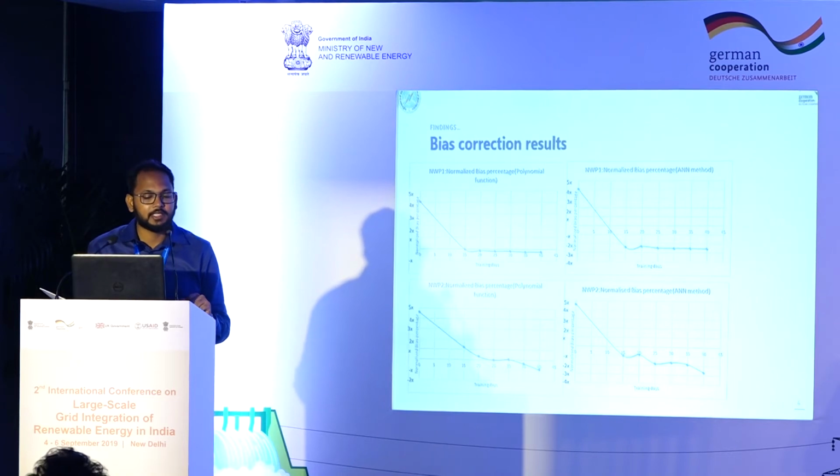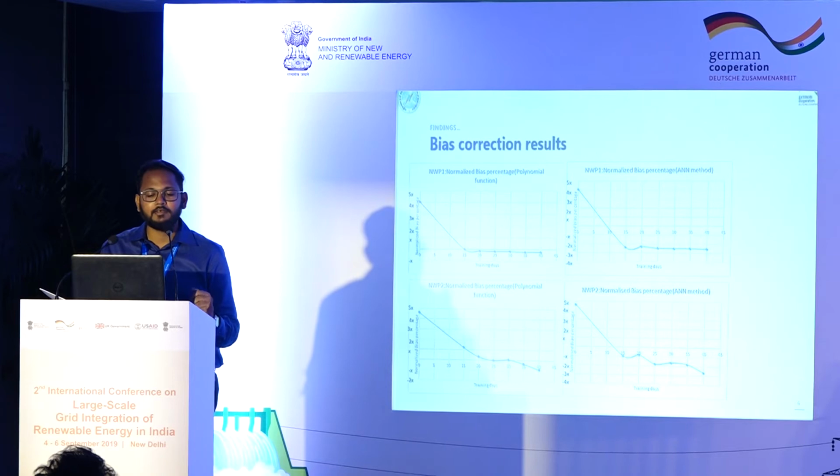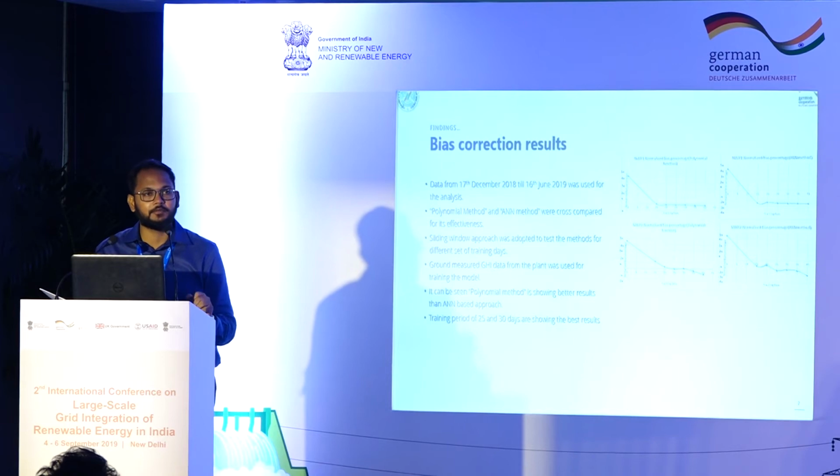Here you can see that with these plots, we found that for the optimum number of 20, 25, 30 days, the bias is almost coming to zero, or very close to zero. So that is what we are getting, that if we run the bias correction approach, we can get a GHI value which is very close to what the plant is observing.